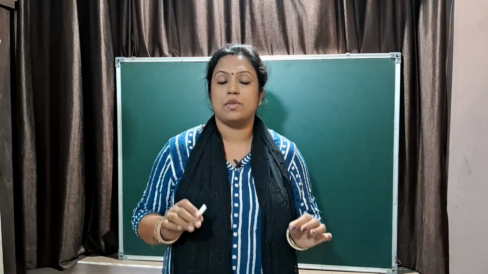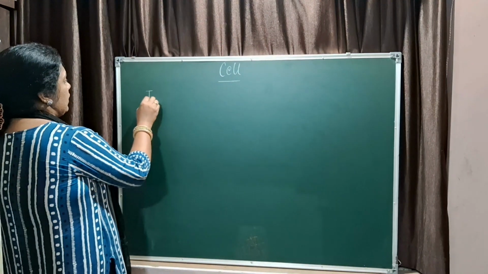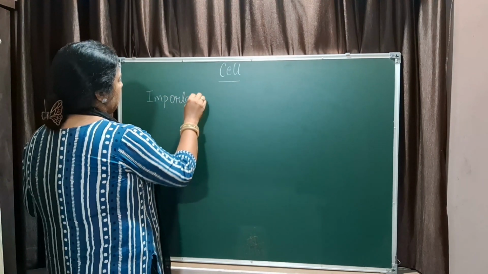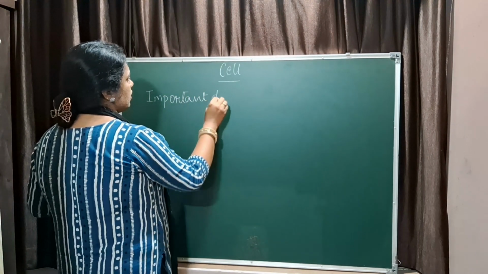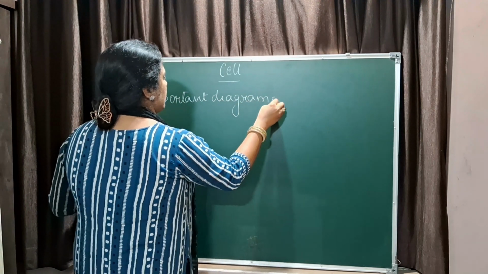Though this chapter is not important for your board examination as such, because no questions are asked from this chapter, the dependency of this chapter in understanding the other chapters is very important. So let us quickly study about cell, the important diagrams that can be asked in this chapter. We will be talking about which diagrams?